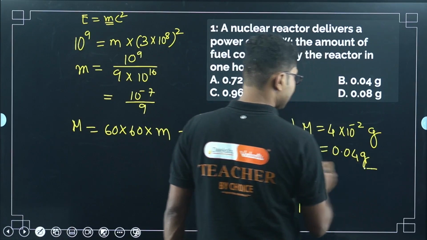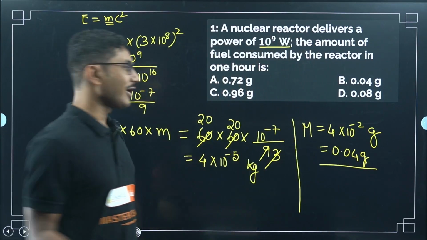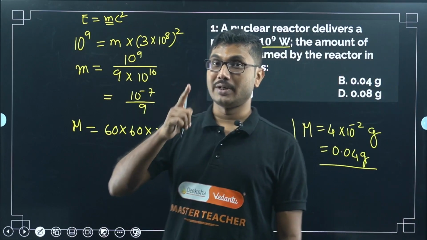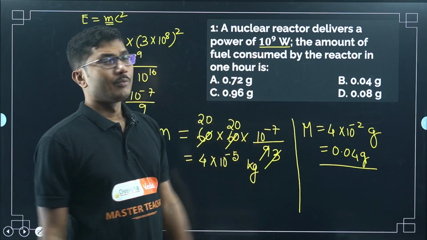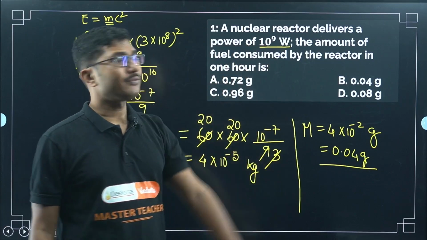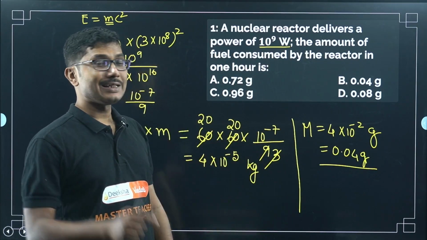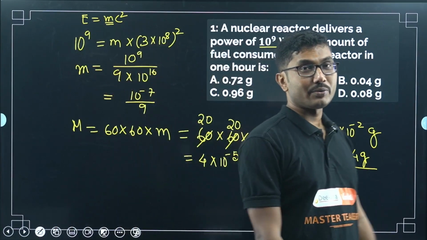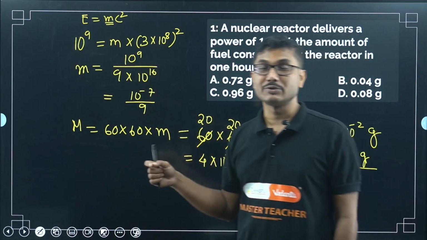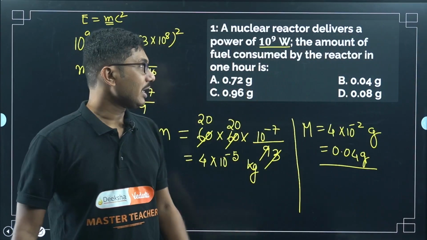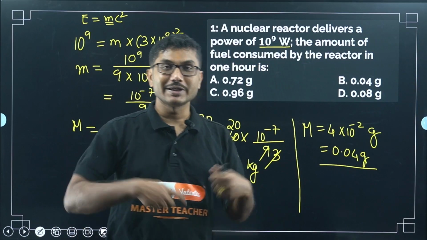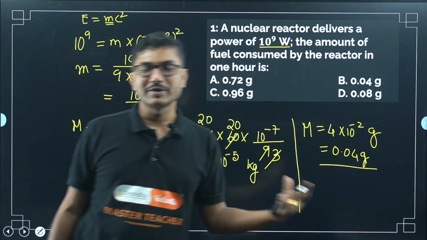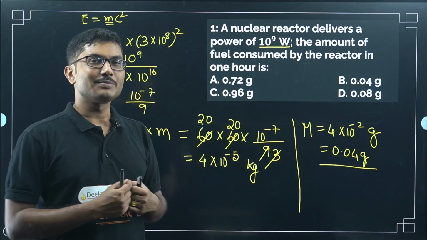So as you can see, by destroying only 0.04 grams of mass in 1 hour, you can produce 10 to the power of 9 watt energy, that is 1000 megawatt, or 1 gigawatt energy. This is a huge energy. That is a big power plant, and the only mass you need to destroy is 0.04 grams, which is very small.